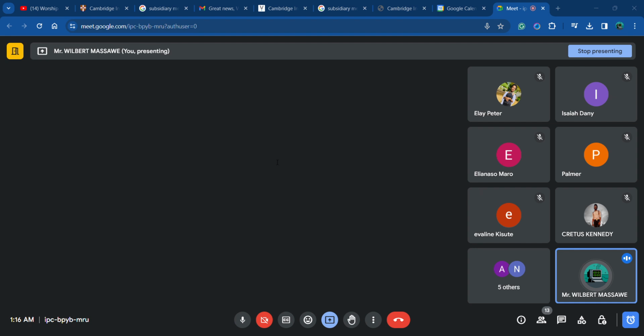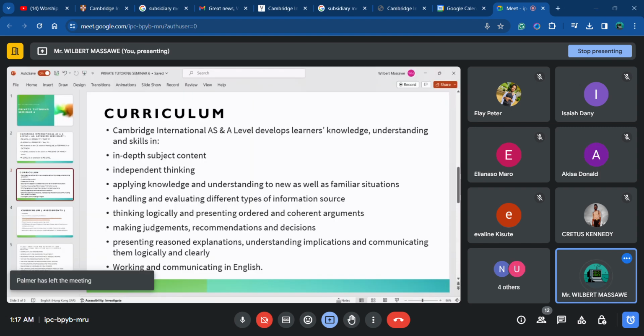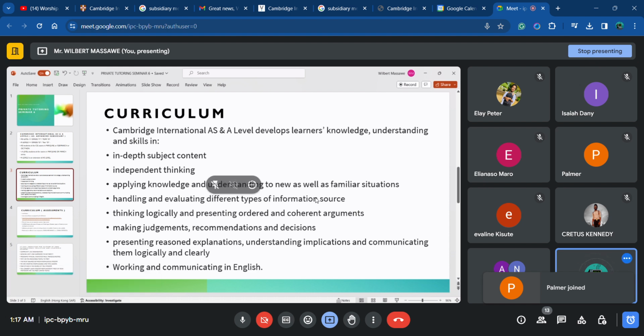In independent thinking, I like this point. Don't give answers to your student. I think the whole international curriculum, not just this level, all levels, they encourage you not to give answers to your student, but help them think, to teach them how to think.